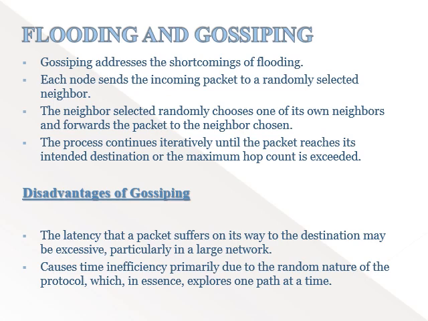Gossiping has certain disadvantages as well. The latency that a packet suffers on its way to the destination may be excessive, particularly in a large network. It causes time inefficiency primarily due to the random nature of the protocol, which in essence explores one path at a time.